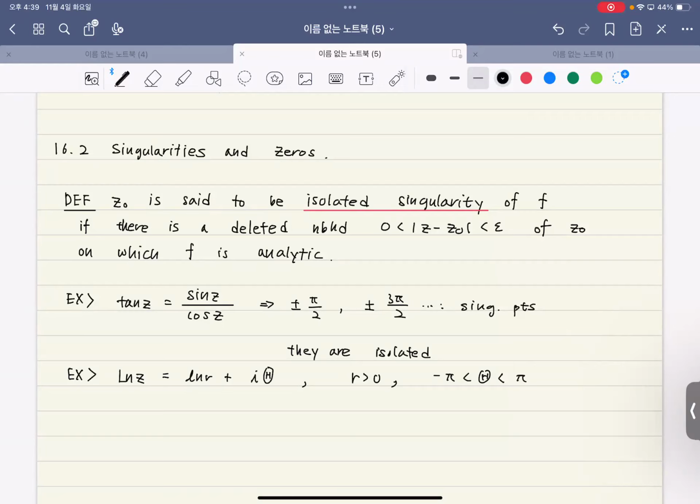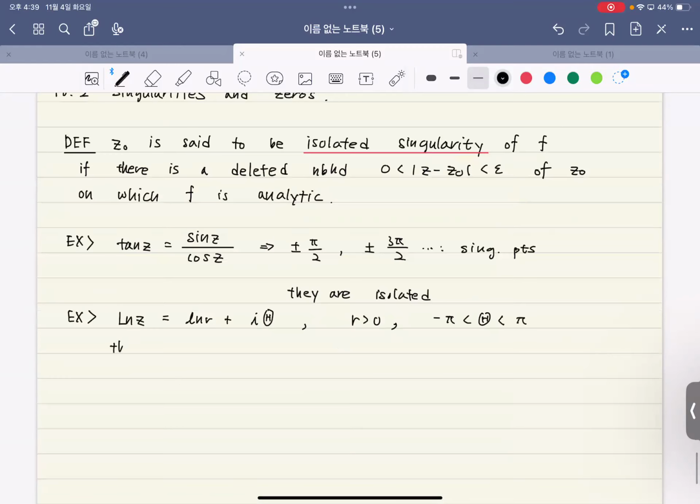For the origin, no matter how small your epsilon is, you can still find some other point where the function fails to be analytic, right? So the origin is a non-isolated singularity.